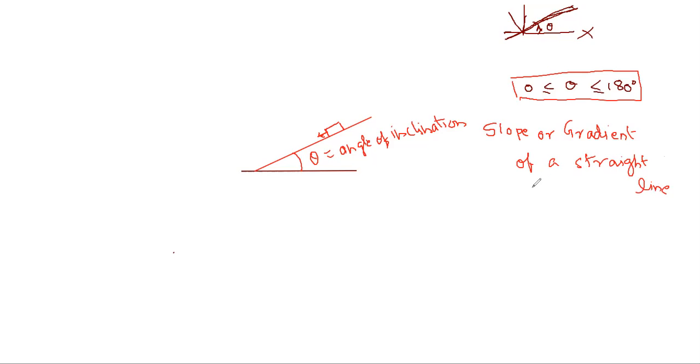If theta is the inclination, then tan theta is called the slope of a straight line.